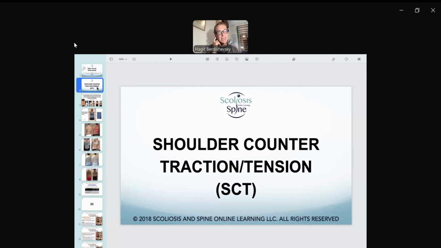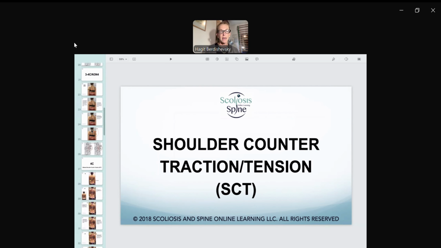Starting with really understanding what this shoulder counter traction, or you can also say counter tension, is all about, how precise we really need to be about it, what it represents, what the meaning of it is, and why we are teaching it. I know it's a lot of vectors and forces and many times confusing, but to understand why we're teaching it and what you are actually going to do with it in the clinical application.